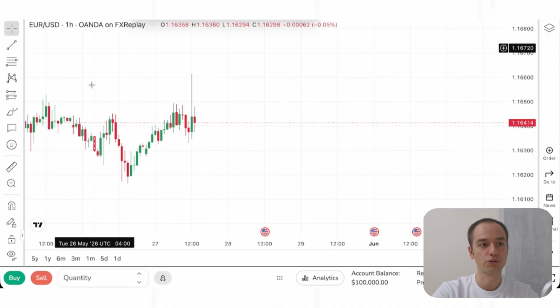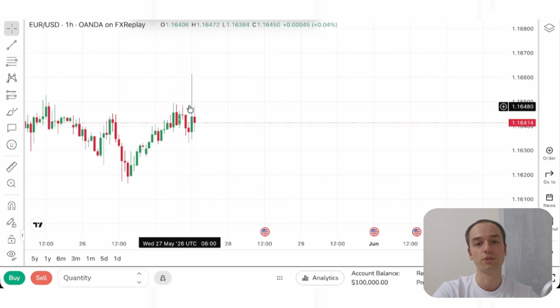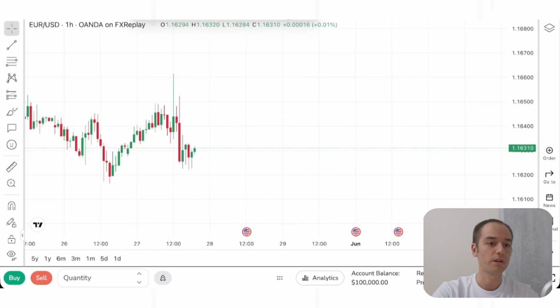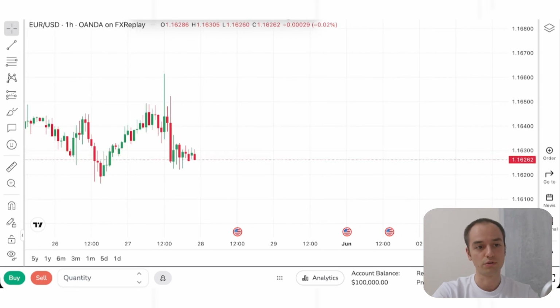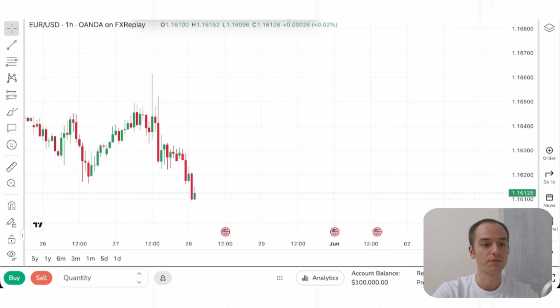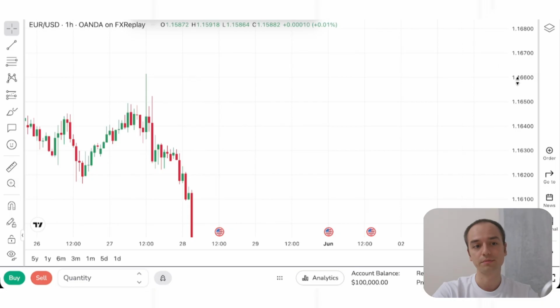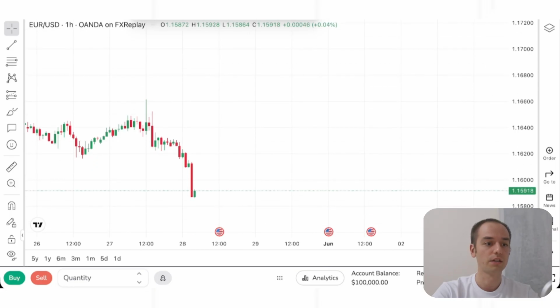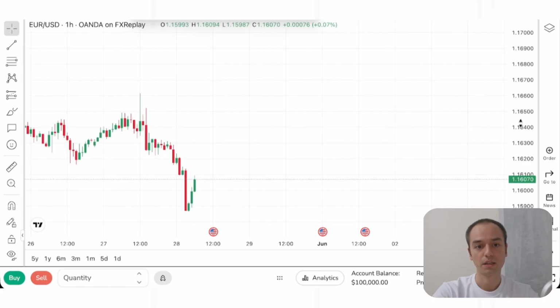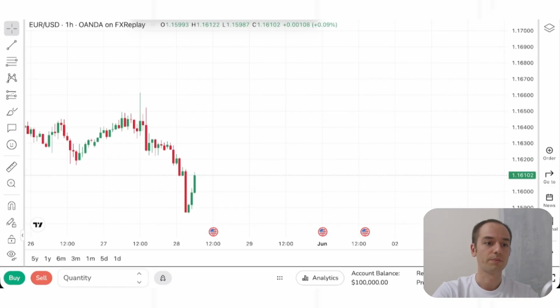This was on a shorter time frame. This was an imbalance which could have been used. And again, guys, about the time frame, whatever you prefer. In the end of the day, all the smart money patterns repeat themselves on every single time frame.